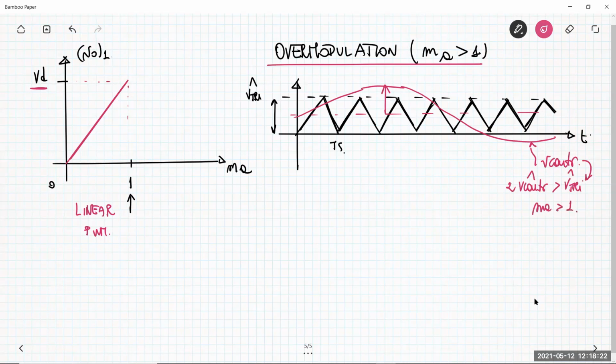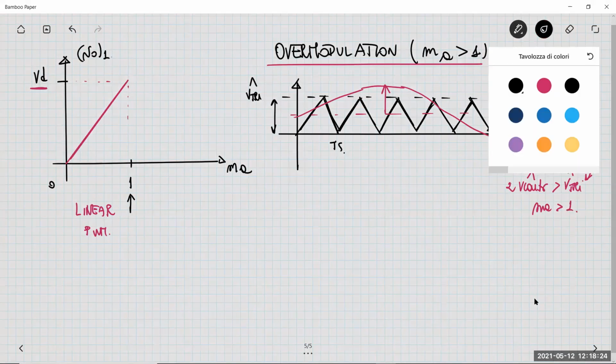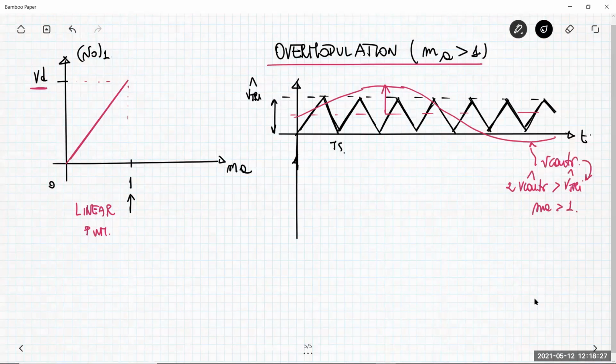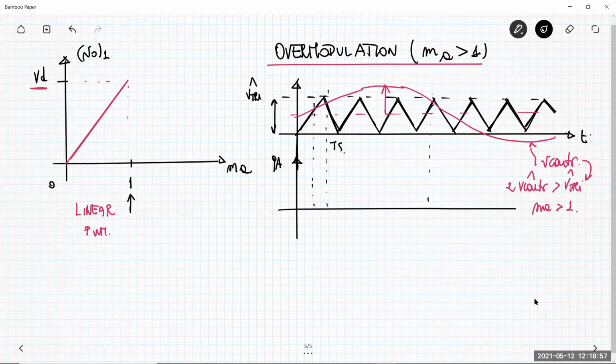So let me consider what happens, for example, in terms of unitary switching function. QA, both for the unipolar pulse width modulation and the bipolar pulse width modulation, is always obtained in the same way. You have to look at the control voltage, which is also the control voltage for the leg A, and then you have to consider the comparison between the control voltage and the triangular wave.